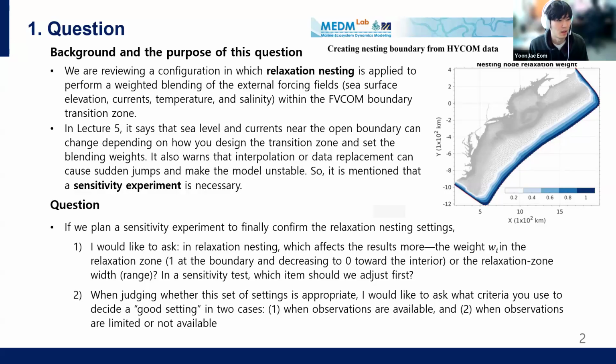And in the sensitivity test, which parameter should be adjusted first? And question two is, when judging whether this set of settings is appropriate, I would like to ask what criteria will you use.